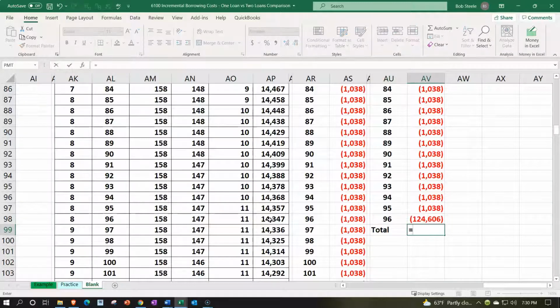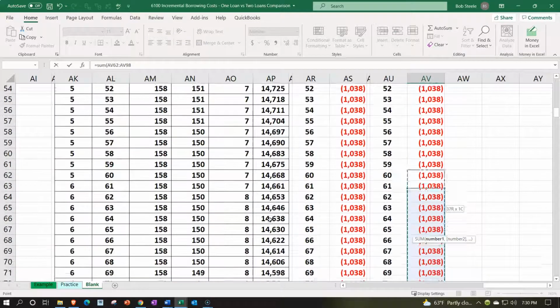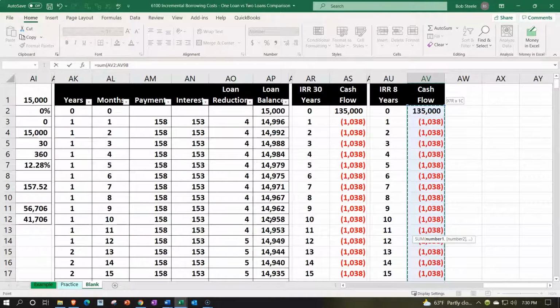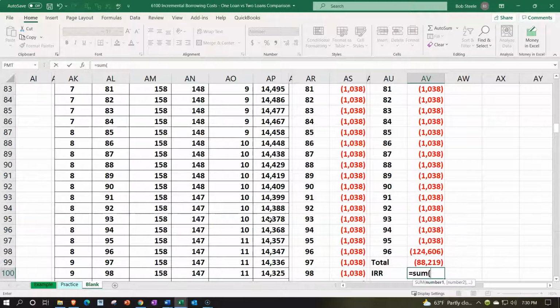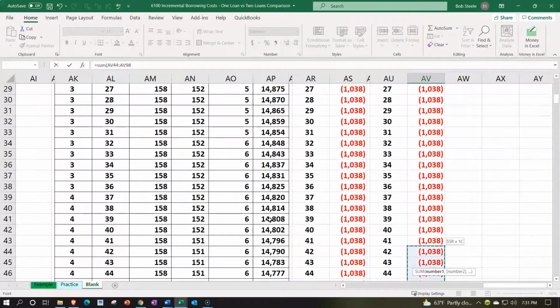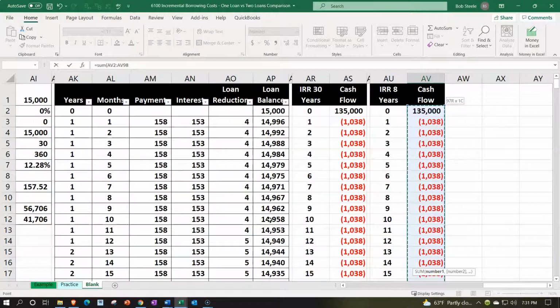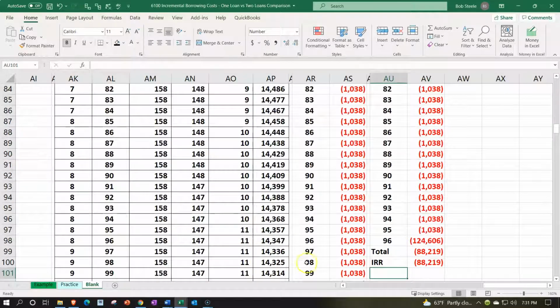Total equals SUM, shift 9, picking up this whole column. And there we have it. So we got the 88,219, and the IRR then would equal the sum of this column. And that would be the monthly IRR. So not the sum. What?